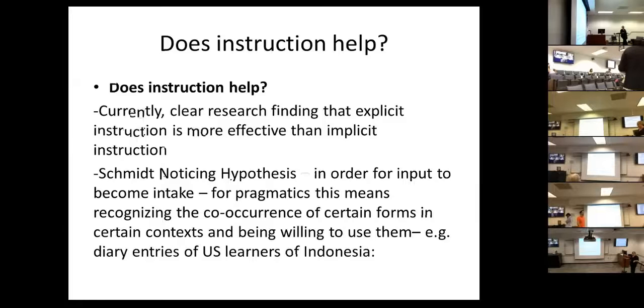For Spanish, it would be like usted and tú, right? That's the very simple example, but in Japanese, it's quite complicated. You have to first recognize that it depends on the context who you're talking to, and then you have to be willing to use it.